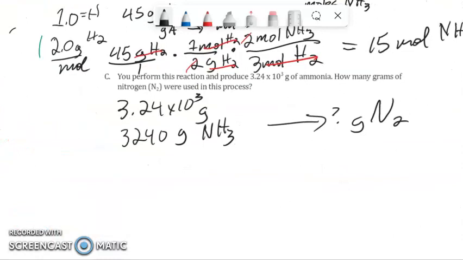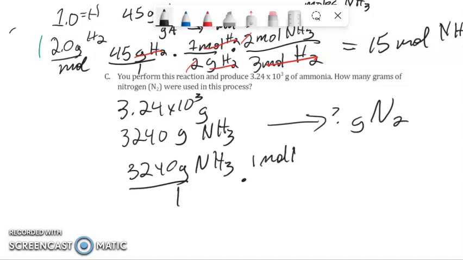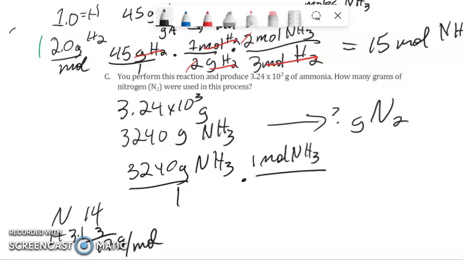Alrighty. 3240 grams of NH3 times 1 mole NH3 over the molar mass of ammonia, so that would be 14 for the nitrogen, and 3 for the 3 hydrogens, so that's 17 grams per mole.